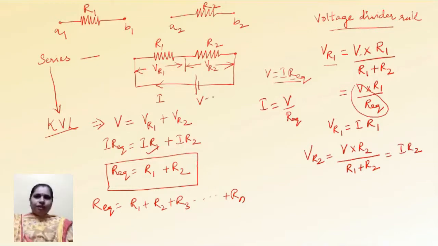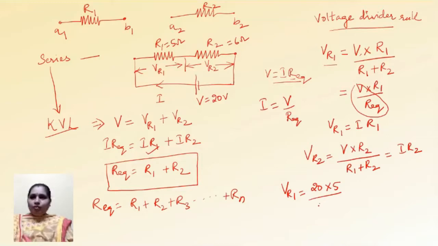Suppose this is 20 volts, and this is 5 ohms and this is 6 ohms. Let us find VR1 and VR2. VR1 is total voltage 20 into R1, which is 5, divided by 5 plus 6, so it will be 20 into 5 by 11, which is 100 by 11.